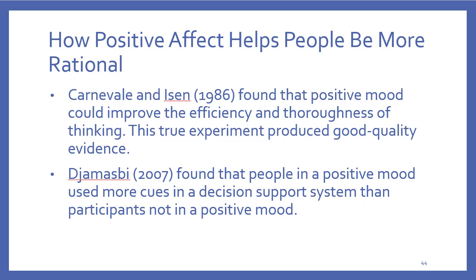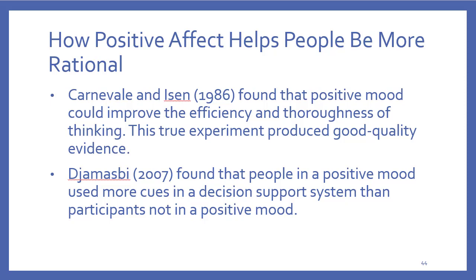So more research that contributes to the argument about whether emotions make thinking irrational. Another example of research found that positive mood could improve efficiency and thoroughness of thinking. All right, so that shows that positive mood increases thinking, and that people who were in a positive mood used more cues and decision support systems than participants not in a positive mood.